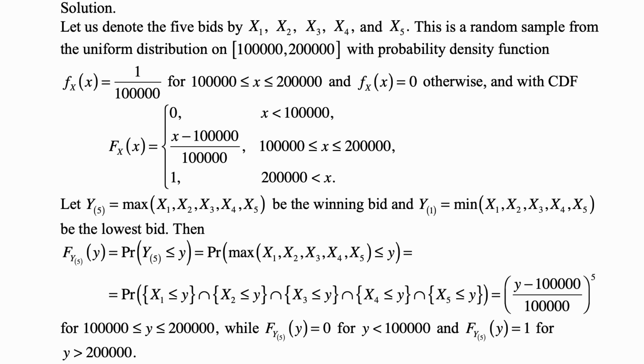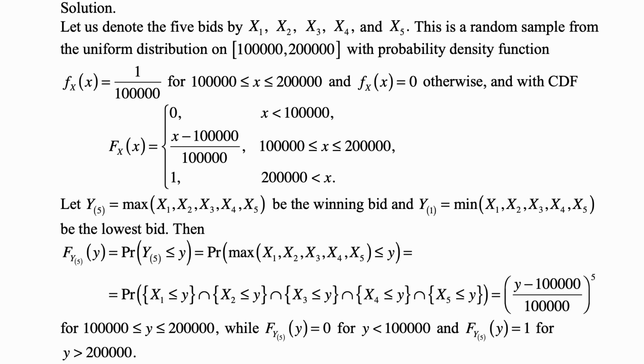actually the probability of intersection is the product of probabilities, and every single one of those probabilities is just the cumulative distribution function of X evaluated at y, which is (y minus 100,000) over 100,000.